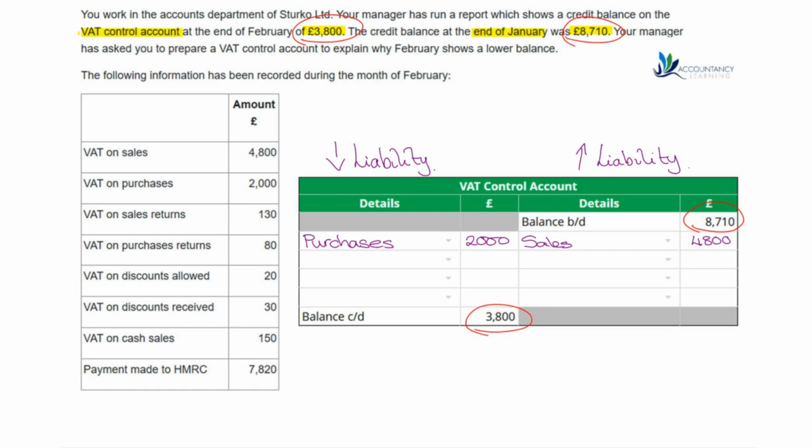VAT on sales returns, so if you think about the sales that we've made, which we've put on our credit side, it's going to be the opposite to that, because we're having customers return things to us, so we're going to give them a refund, so therefore we don't have to pay that over to HMRC, so we're going to reclaim it. So that will reduce our liability.